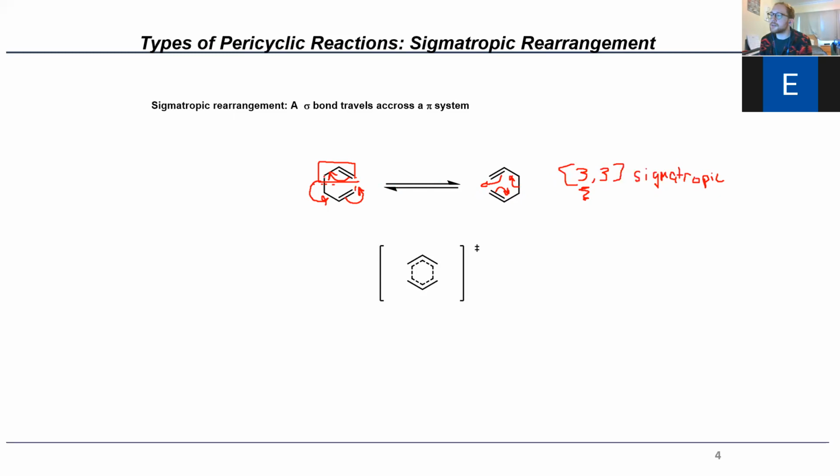And so we see that the electrons from this carbon-carbon bond travel 1, 2, 3 positions, right?